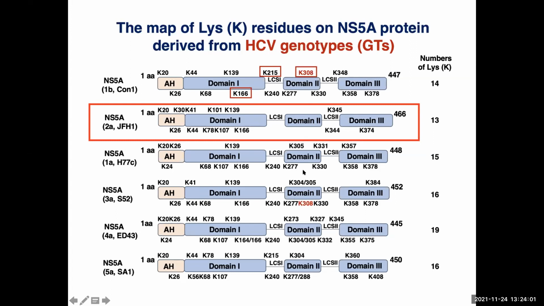So these findings suggest that genotype 2A may have different ways to promote HCV replication. But probably in other HCV genotypes, the isolation at lysine 308 is important for HCV replication.